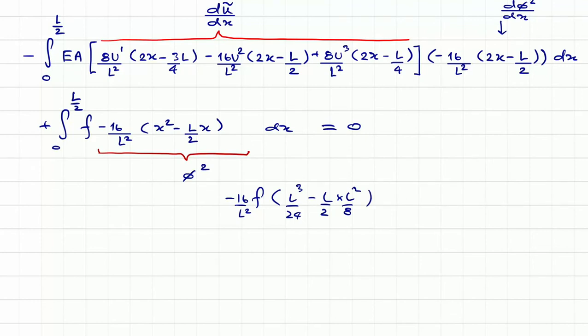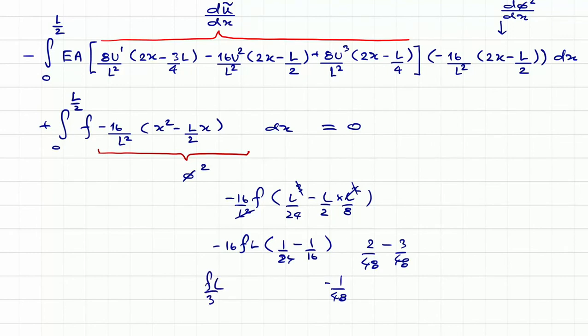So that makes the L cancel, right? Minus 16 FL, 1/24 minus 1/16. So this is 2/48 minus 3/48. That makes minus 1/48. Minus 1/48 multiplied by minus 16, then you get FL over 3.